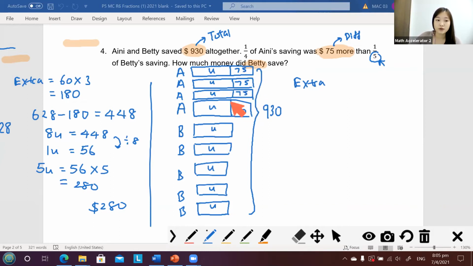You don't want all of this extra. Yes, correct, you have to times 4. So what will this get you? Use your calculator. Yes, 300.